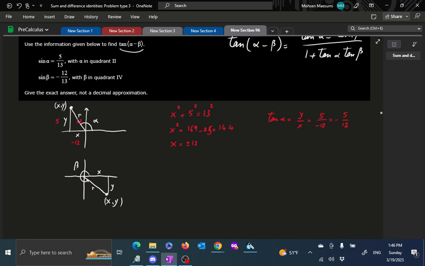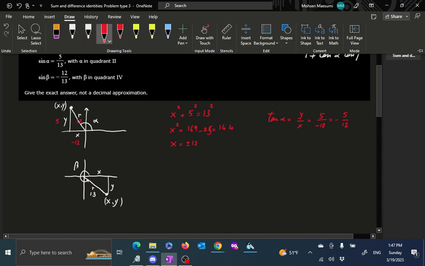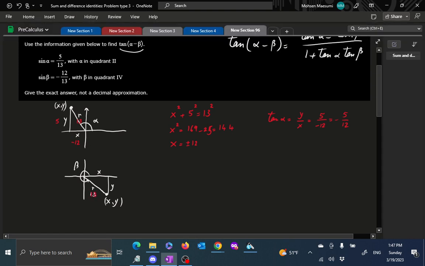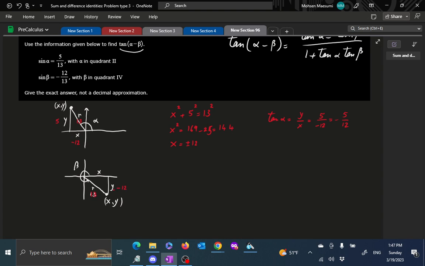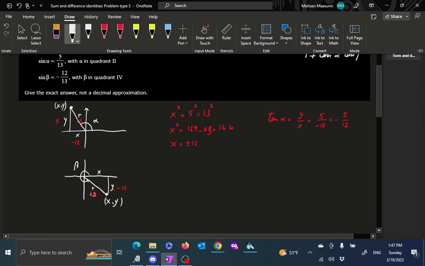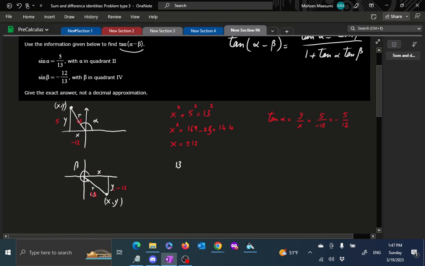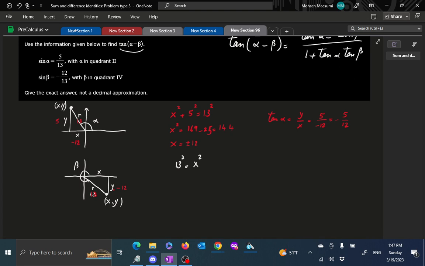We are given that sine is minus 12/13. So the denominator, the radius, is always taken positive. Y we write in a different color. So r is 13. Y better be minus 12. So what about x? 13 squared again is x squared plus minus 12 squared.